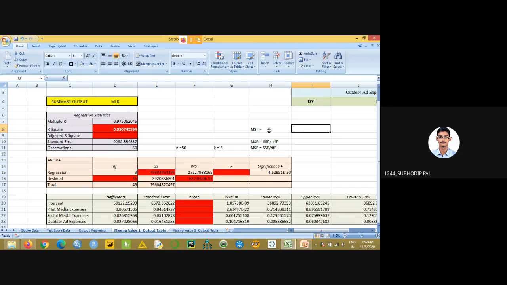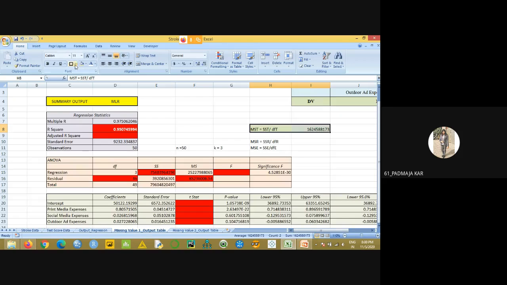How do we calculate MST? SST by total degree of freedom, 49. So MST value will be equal to this one divided by 49. This is my MST value.